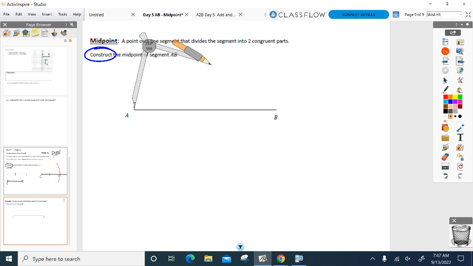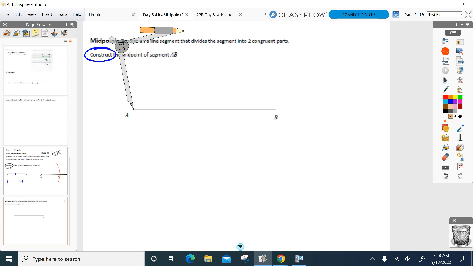This is how I locate the midpoint of a line segment. Open up your compass more than half the length of the line segment. Now what you're going to do, you're going to make a decent size arc here. Be ready.